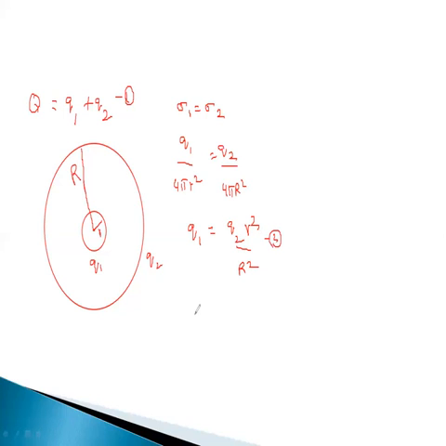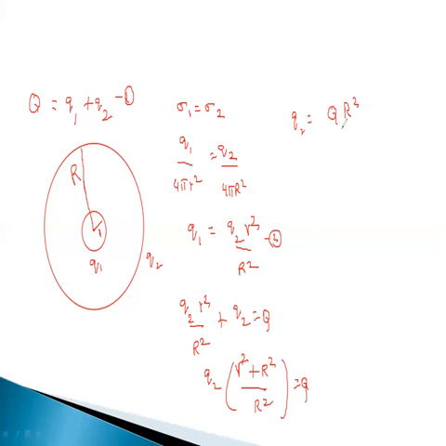So by substituting equation 2 in equation 1, Q1 plus Q2 equals capital Q. In place of Q1, if you write Q2 small r square by capital R square, plus Q2 equals capital Q. Q2 you have to find out finally here. So if you take Q2 common, small r square by capital R square plus 1, by taking LCM, small r square plus capital R square by capital R square into Q2 equals Q. And finally, Q2 can be written as capital Q into capital R square by capital R square plus small r square.